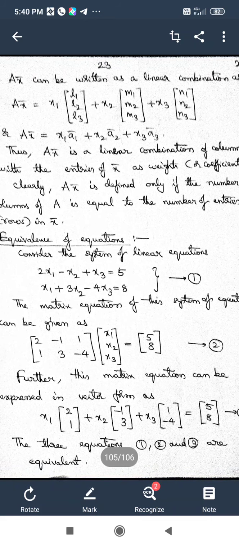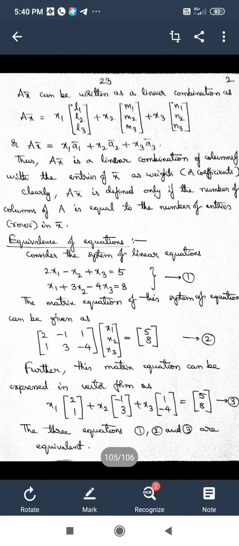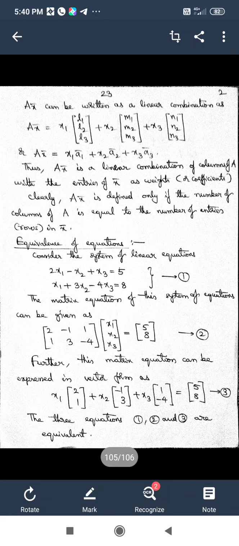So thus Ax bar is a linear combination of columns of A with the entries of x bar as weights. Weights means the coefficients of the column vectors that we are taking.